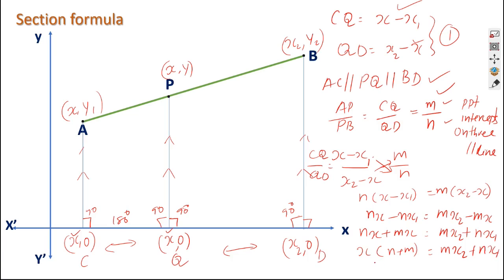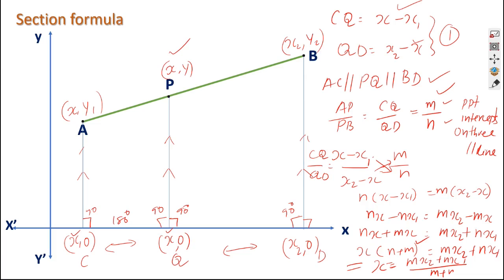Or I can write x is equal to (mx2 plus nx1) upon (m plus n), the same one. So we conclude this way: x can be found using a formula. My dear students, I reached a formula to find out x, which was what we were looking for.